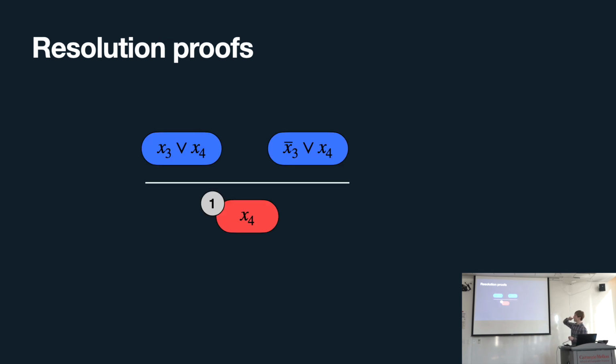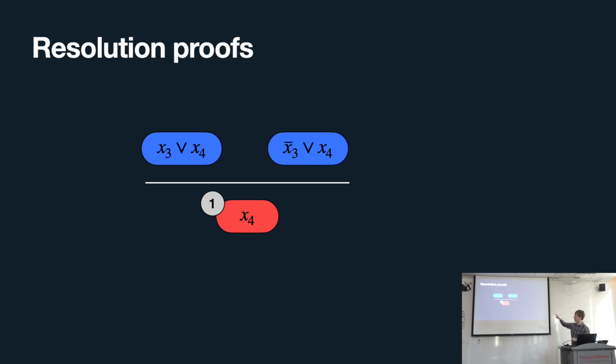So if you were to do this using the resolution proof system, which is pretty popular, it would look maybe something like this. The formula clauses I've written in blue, the additional clauses I've written in red. So here we have two formula clauses, x3 or x4, as well as not x3 or x4. Using resolution, you pick some variable to resolve against. You have an appearance of that literal in one clause and the negation in the other, and then you sort of append all of the other literals together.